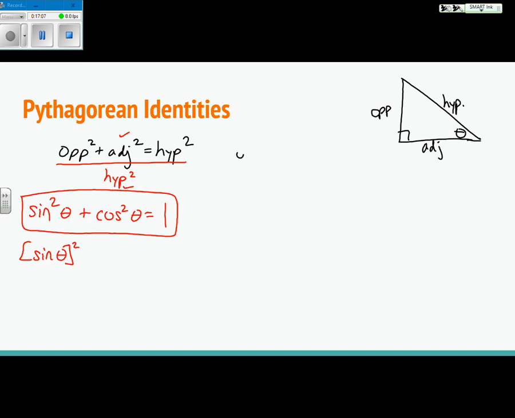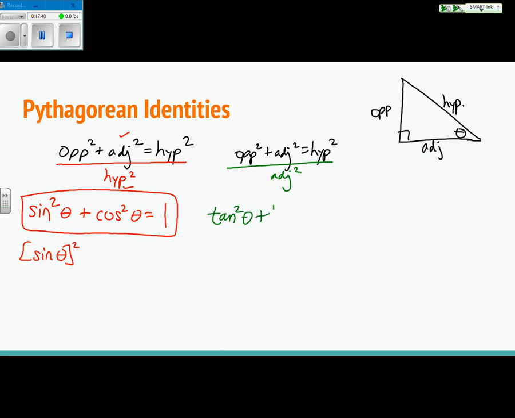Okay, next. I'm going to divide everything by adjacent. Adjacent squared. Okay, so help me out here. Opposite over adjacent is which one of my trig identities? It's my tangent, so it's going to be tangent squared.